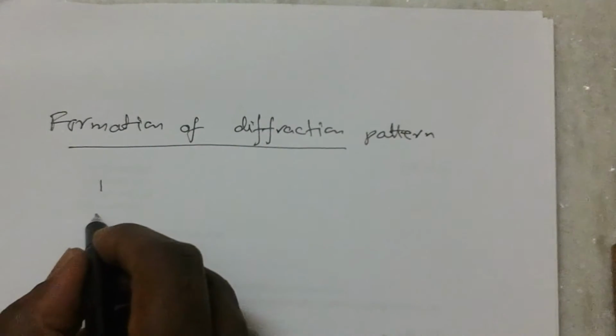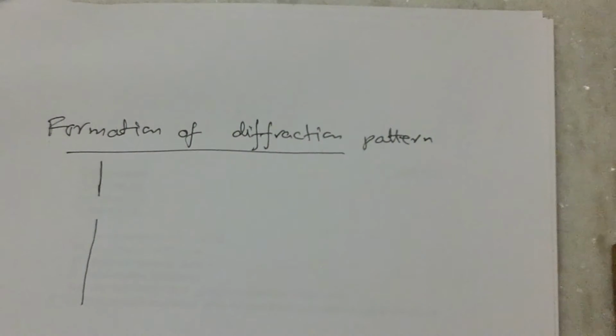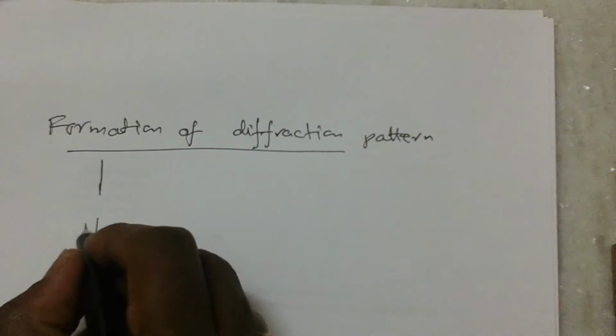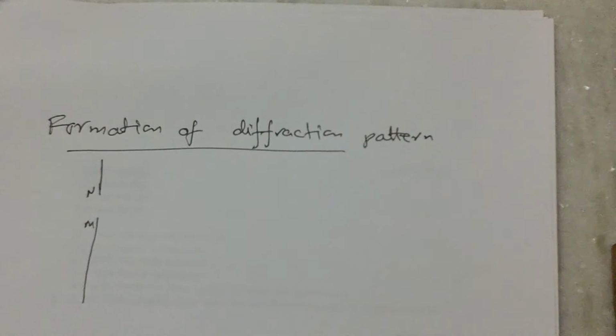First we are taking a small slit over here, a small slit or edge. So what is happening?